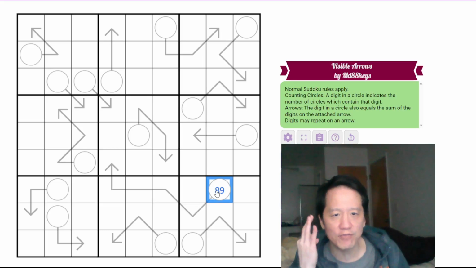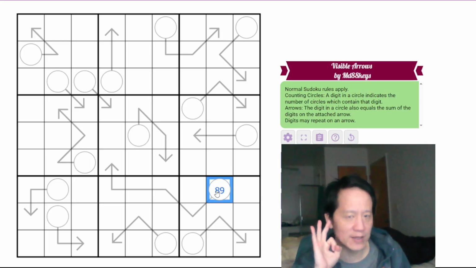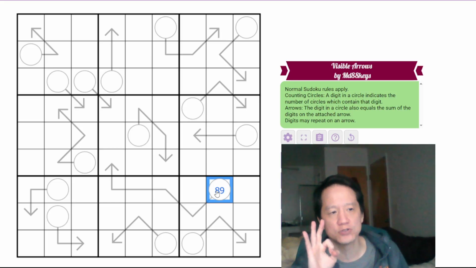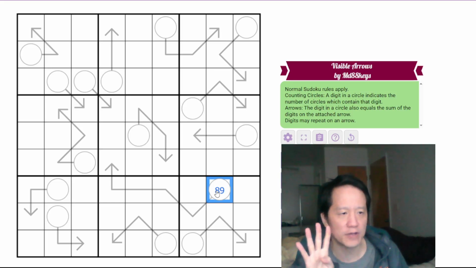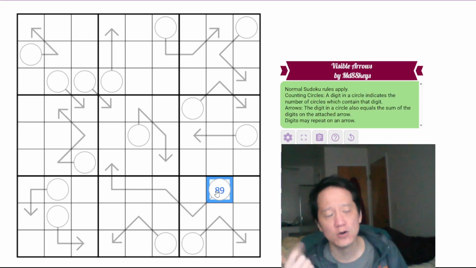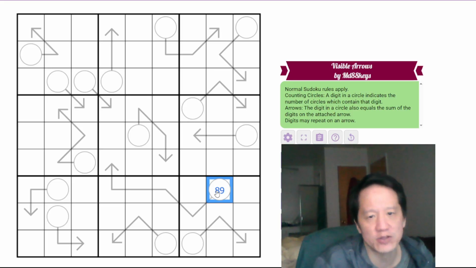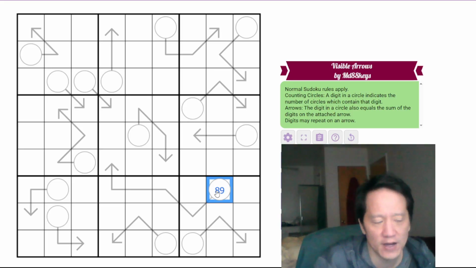You have to have at least 3 unique digits in the counting circles. You could have 4, though. Like, you could be 1, 2, 3, 9, or 1, 2, 4, 8. You could also have something along the lines of 159 or 249 or 348 is a possibility. We don't know though.